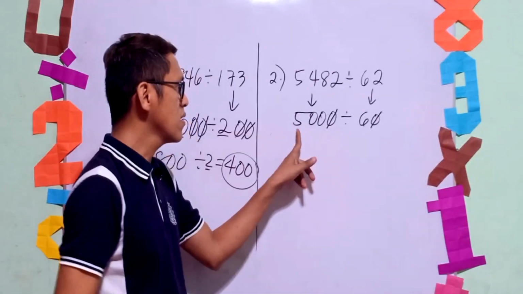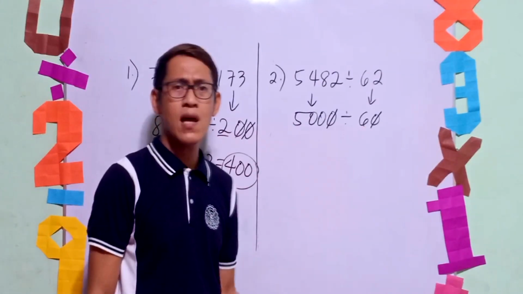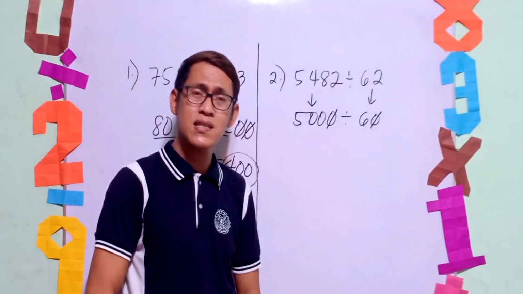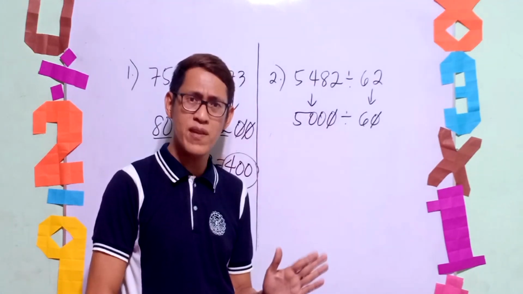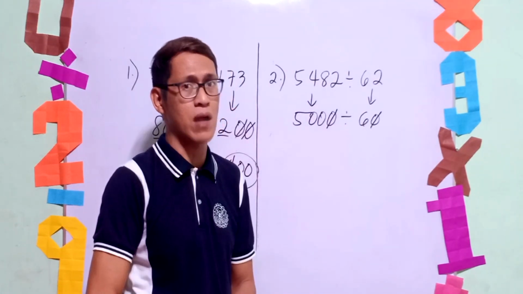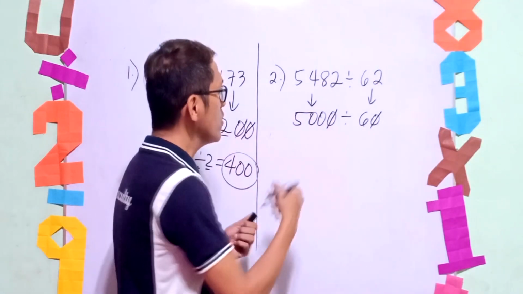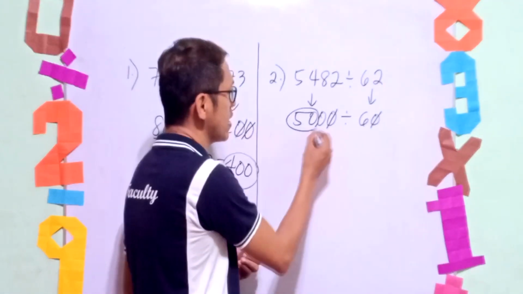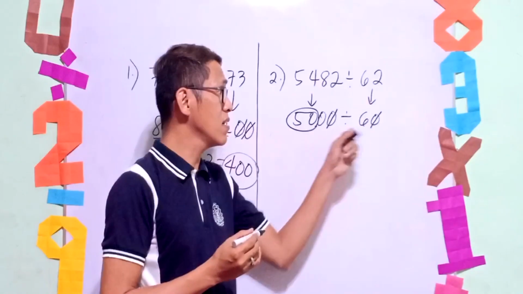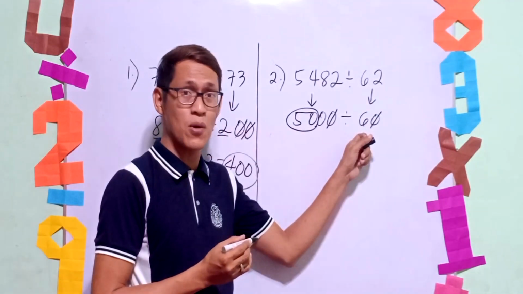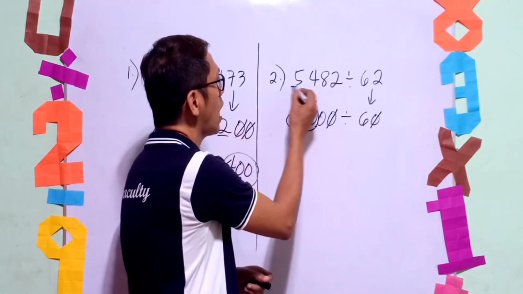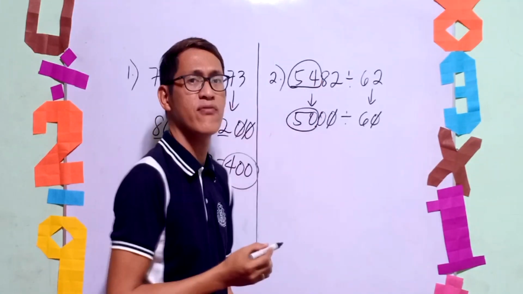But if you notice, 5 or 50 and 6 are not compatible numbers, meaning you cannot divide them easily. So since we cannot use 50 to divide by 6 because they are not compatible, go back to the original number, which is 54.